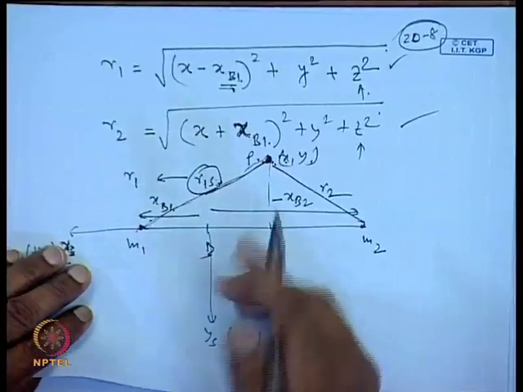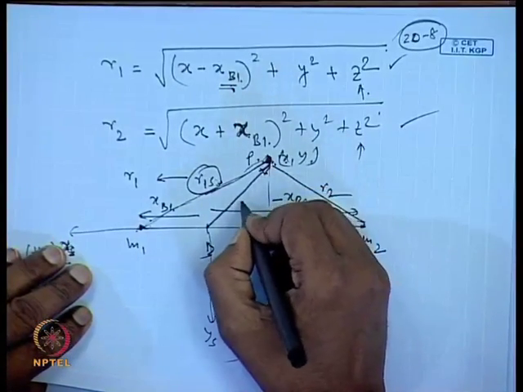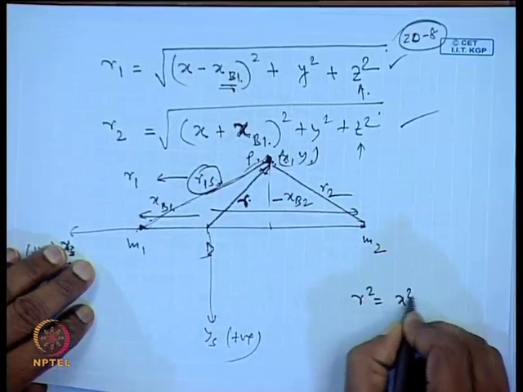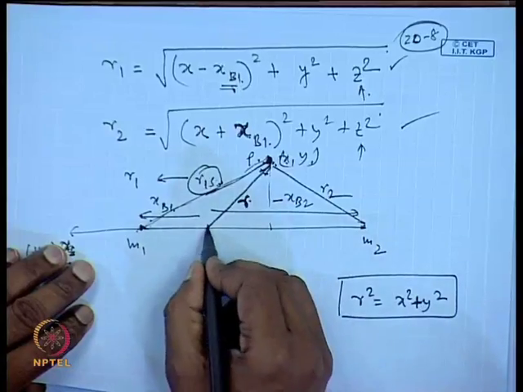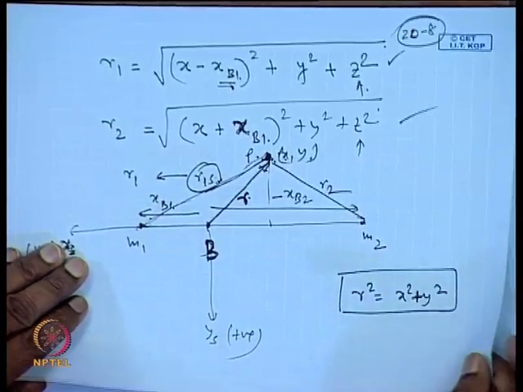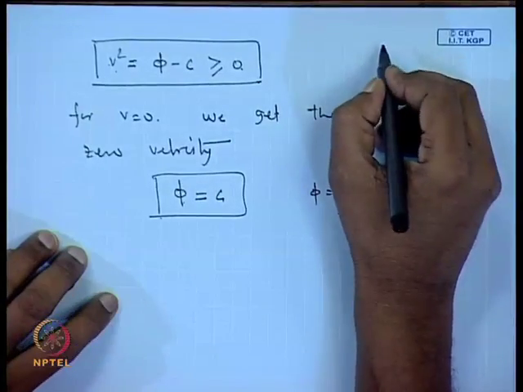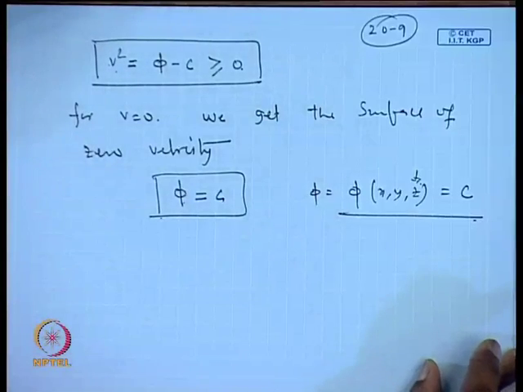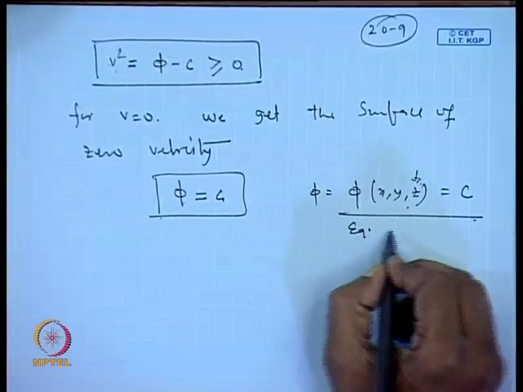So, the x square y square, if we write this as the distance r, so r square becomes x square plus y square. So, x and y are the distances being measured from the barycenter. Okay.